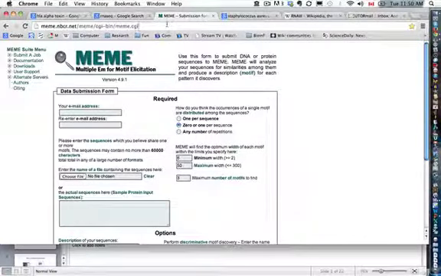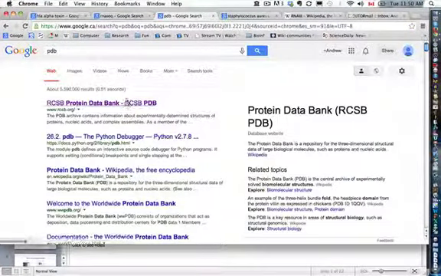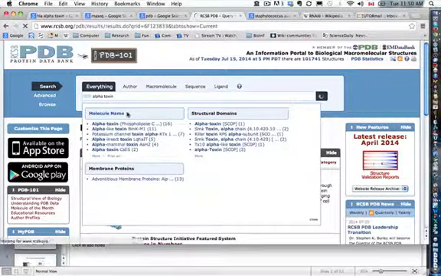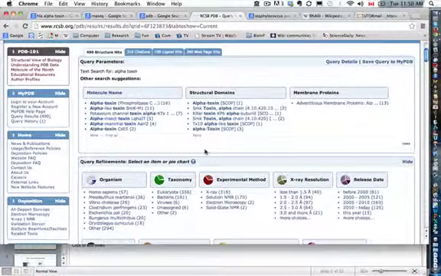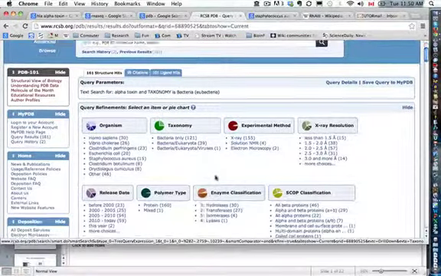Okay, so I go to Protein Data Bank. What do we call it? Alpha toxin. And let's go to bacteria and see if we can find one.